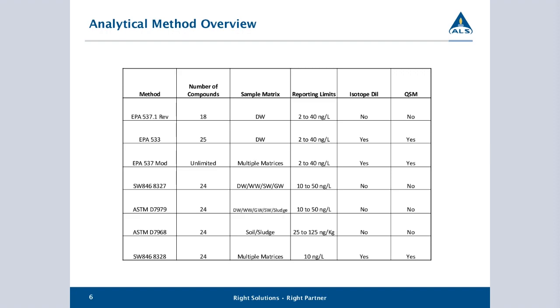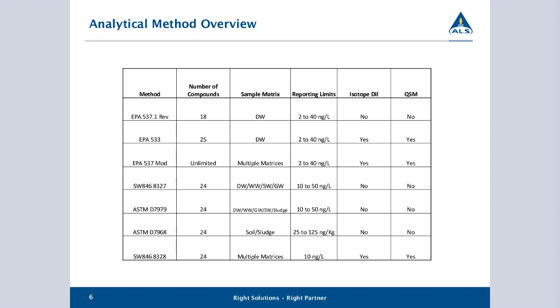In doing so, the number of compounds is basically unlimited, since it's a modified method. The sample matrices range from aqueous to solids to tissues. Again, the reporting limits are there, and it does follow isotope dilution. I'll talk more about the modifications, but at this point, it should be following the QSM B15.